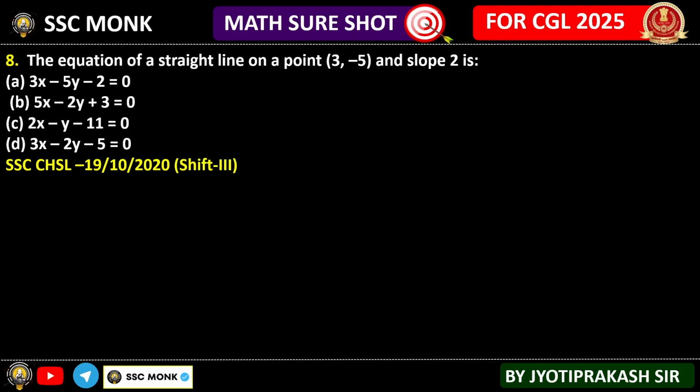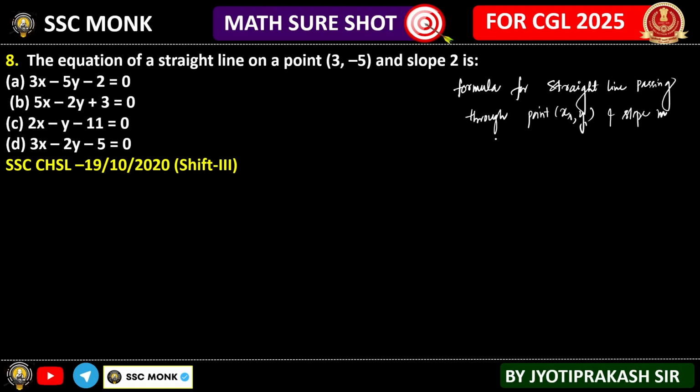The equation of a straight line on a point 3, minus 5 and slope 2 is what now? The formula for a straight line passing through point x1, y1 and slope m will be y minus y1 is equal to m into x minus x1. Now, this is the first formula.